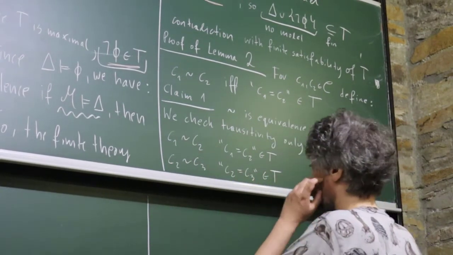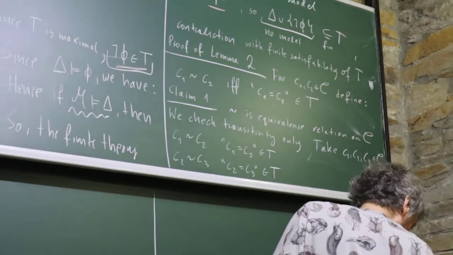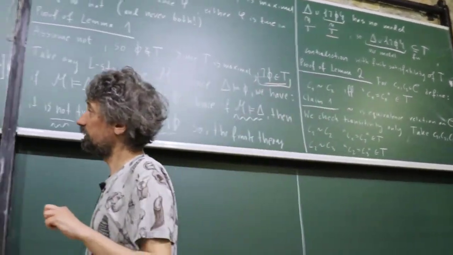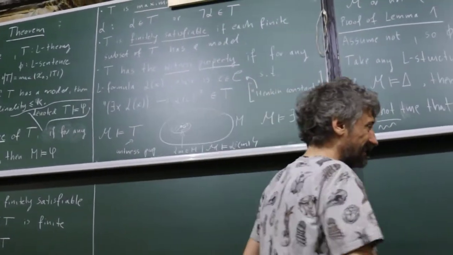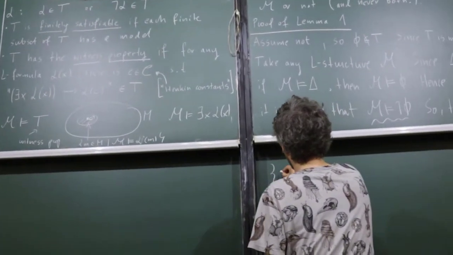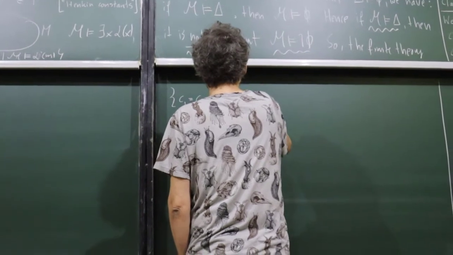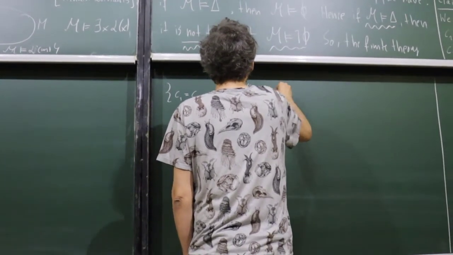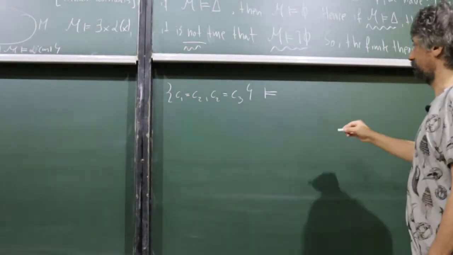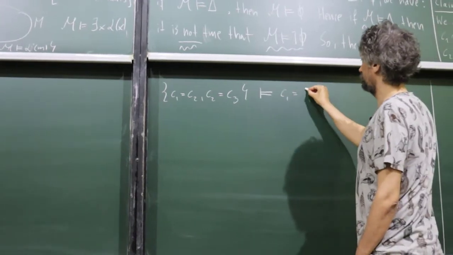And then notice that it will be an example of logical consequence: if we have these two sentences, then the logical consequence of them is that C1 equals C3.